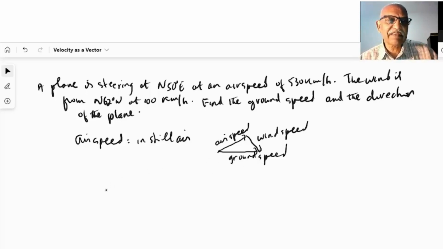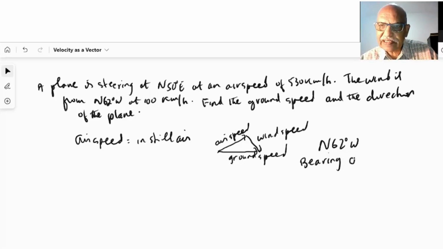The things are given, and the angles are given, like N 62 degrees W, which means 62 degrees west of north. Sometimes we say bearing. We won't use bearing in this example, but whenever we say bearing, we always have 3 digits, like 062.